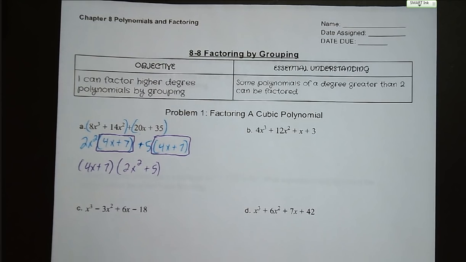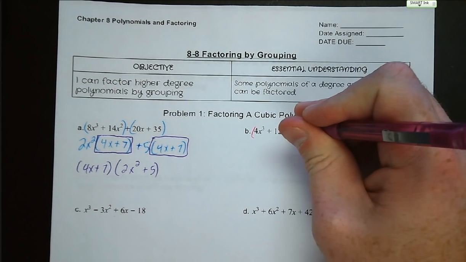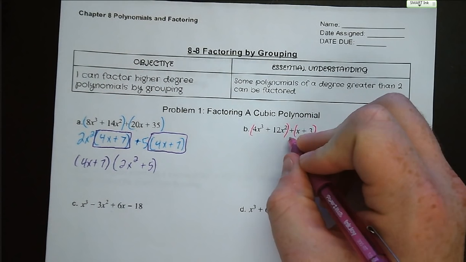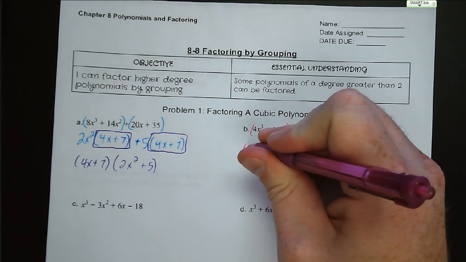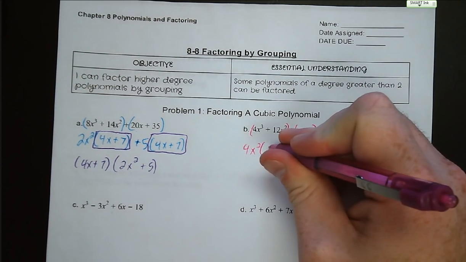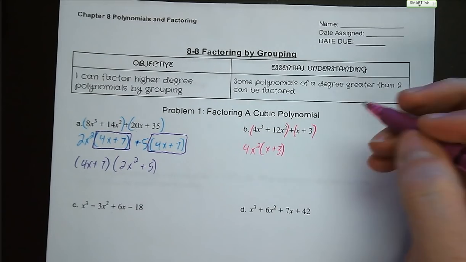Letter B, we've got 4x cubed plus 12x squared plus x plus 3. Again, I put my parentheses in place because there are no common factors here. In my first set of parentheses, I can factor out 4x squared, and I'm left with x plus 3 when I pull out those common factors.